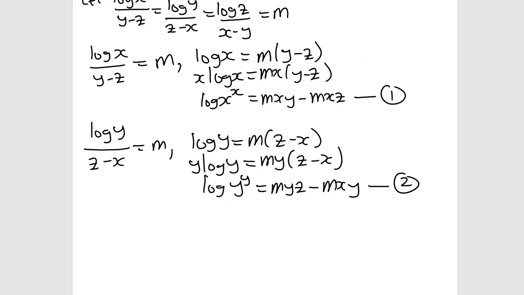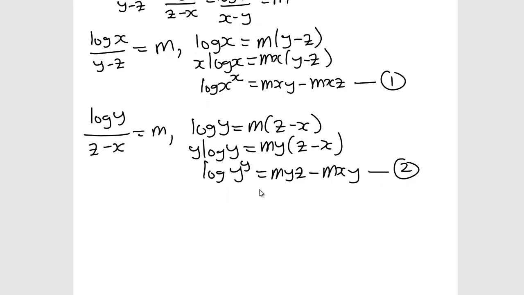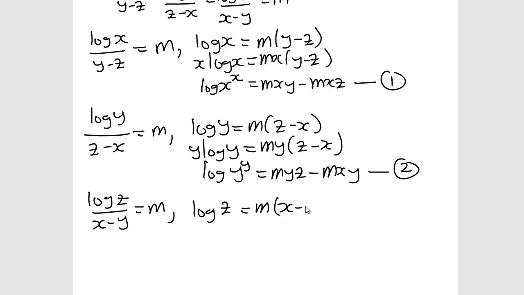Then let's do the same for the last term. We have log of z all over x minus y equal to m. So from here you multiply through by the denominator, you are going to have log of z equal to m into x minus y, and then multiply through by z.